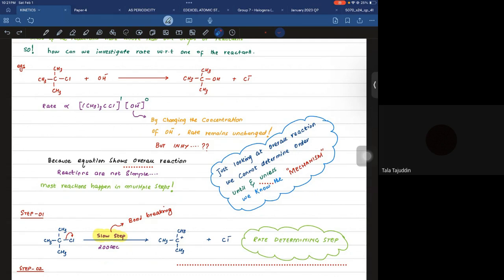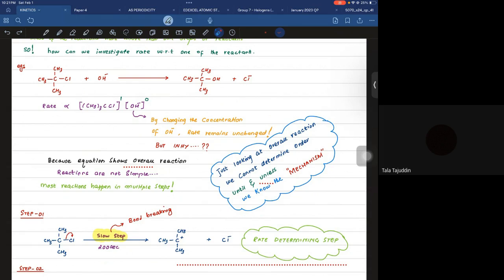When the bond between carbon and chlorine breaks down, ultimately this is the slow step, and the rate depends on the slow step. That's why I'm saying it's raised to the power 0, which is equal to 1. So if you change the concentration of OH negative ion, nothing would happen, because the rate does not depend on the concentration of OH negative ion, but the equation shows the overall reaction.